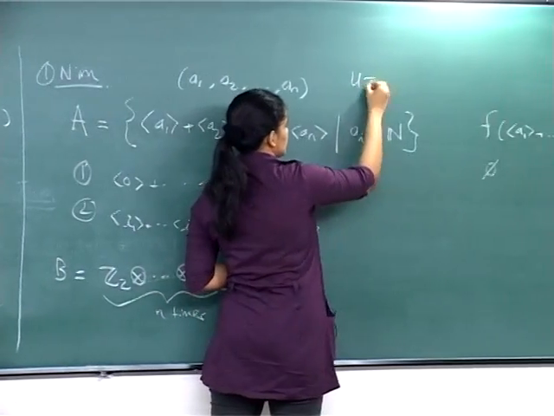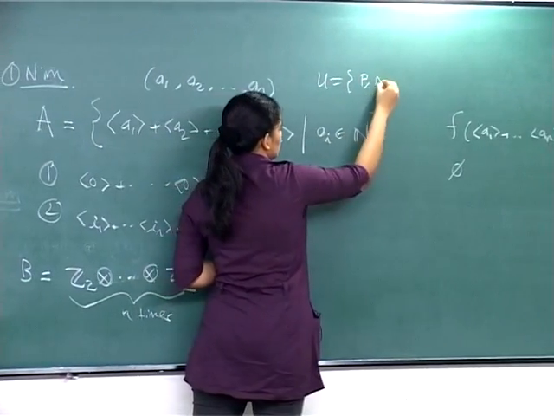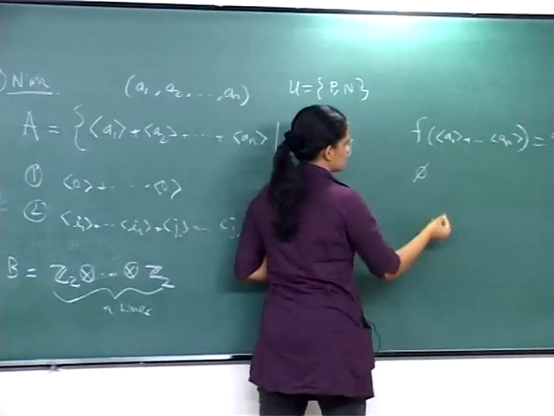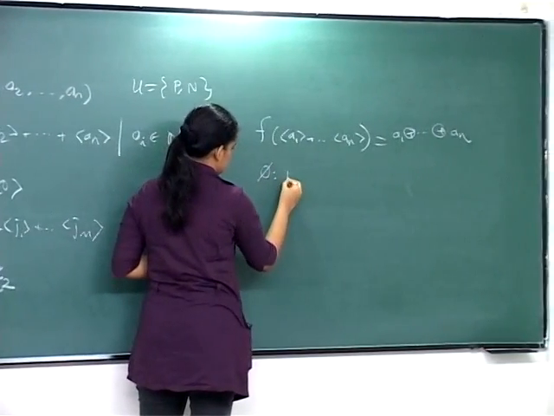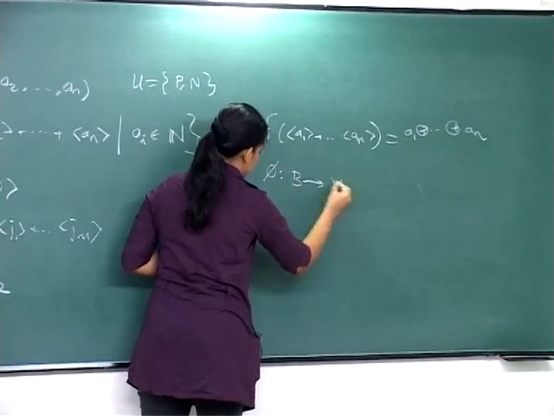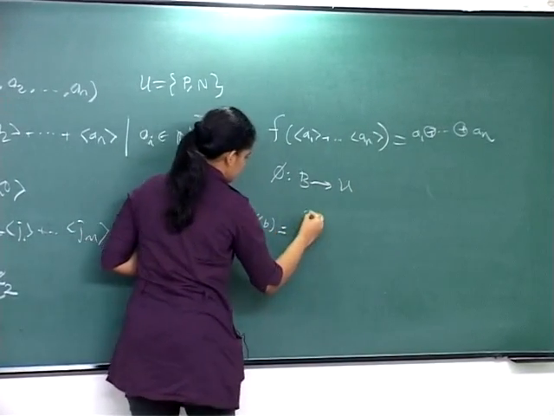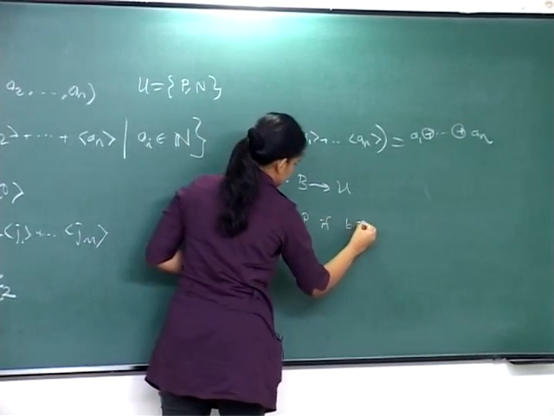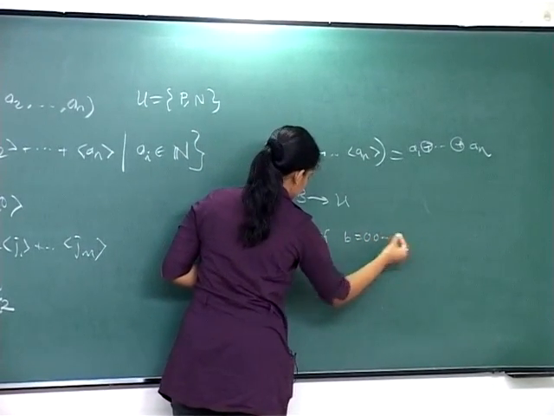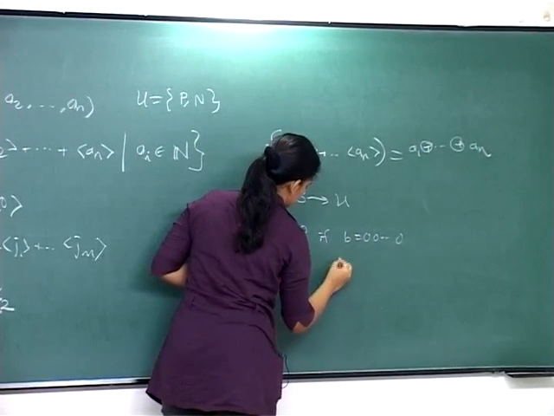Outcomes are obviously P and N. So my phi function from B to U will be defined this way. Phi of b is equal to P if b is equal to 0, 0, 0, 0, 0, and it will be N otherwise.